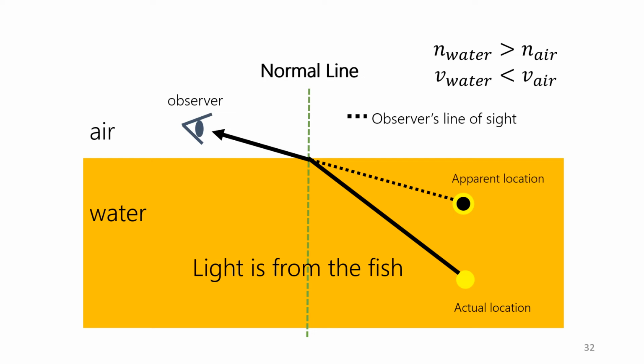We call this the apparent location of the fish, and it is actually higher than the actual location. This is why the observer is asked to aim lower to spear the fish. We'll leave how much lower he needs to aim to his experience and intuition in fishing or his amazing grasp of optics.